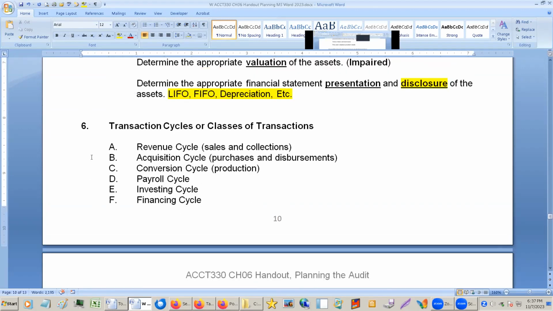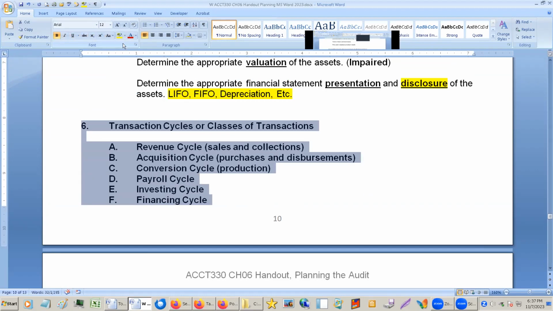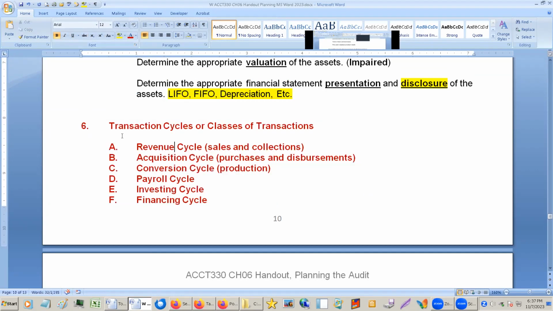All right. This is something that's come about recently. Now, it's been around for years, but auditing to transaction cycles or classes of transactions.